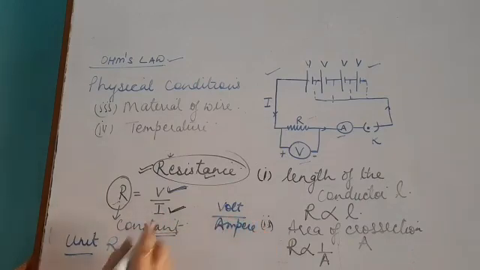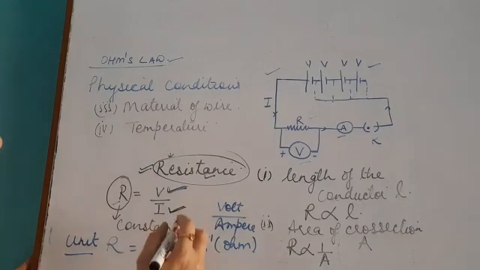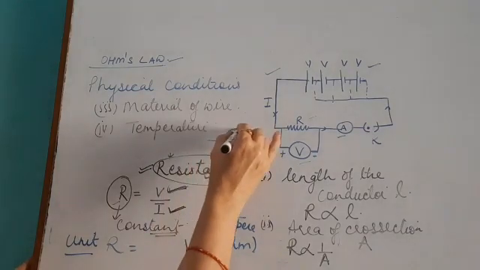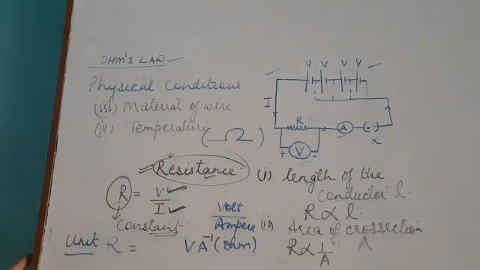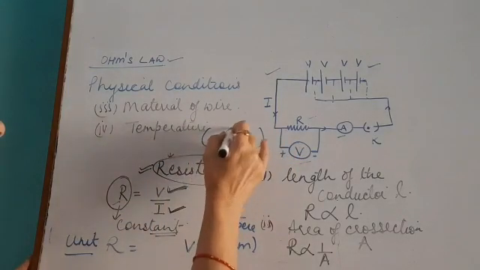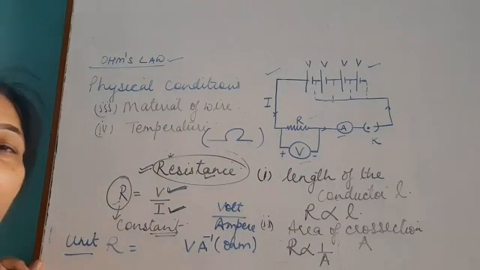Ampere. So the unit of resistance will be volt per ampere, which is known as ohm and is denoted in this form. See, ohm. A straight line with a curve and again a straight line. Alright.